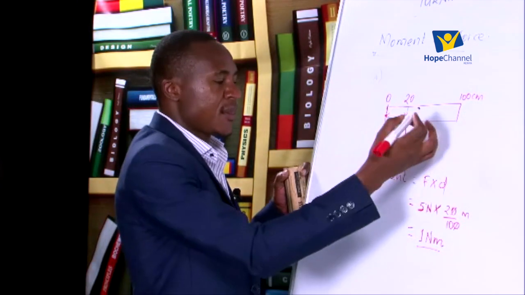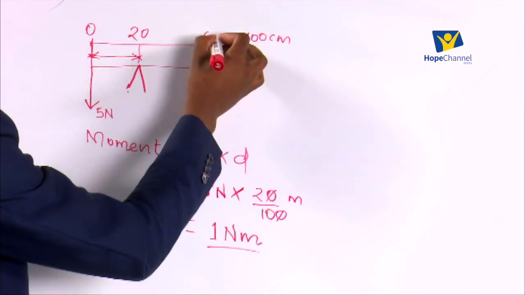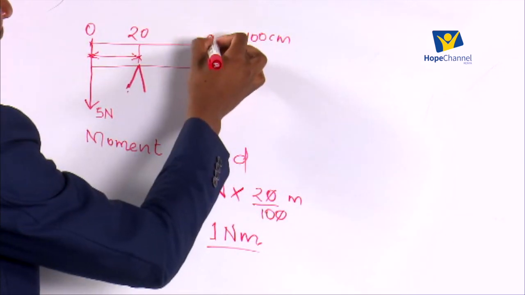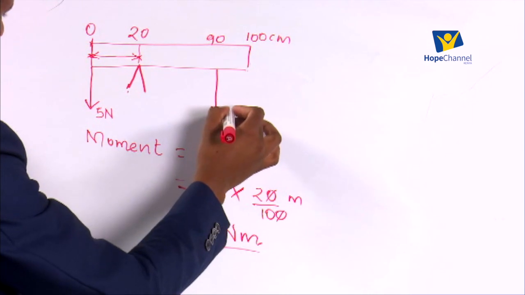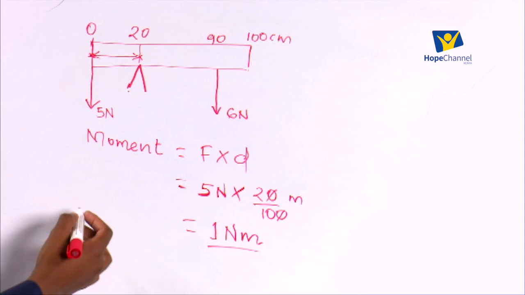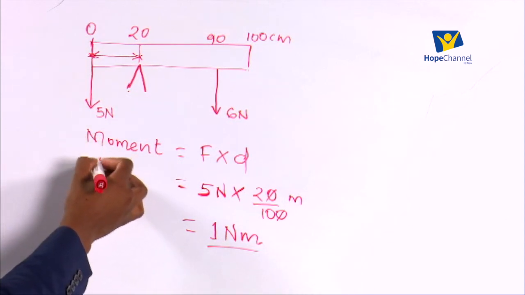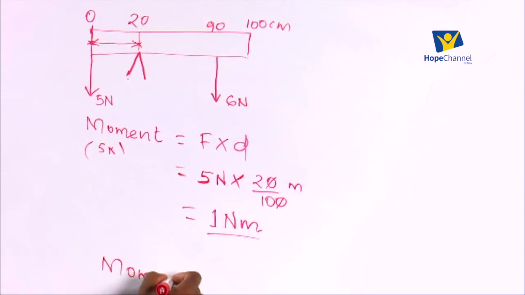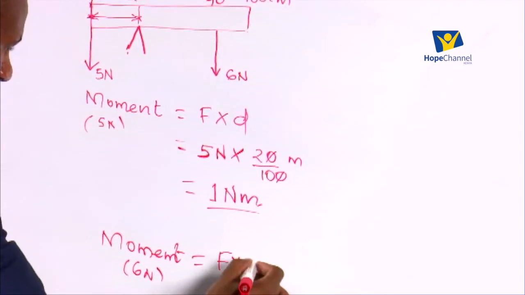If we have another force acting at, say, 90 centimeters, here, say 6 newtons, the moment due to the force of 6 newtons will be equal to, still, force times distance.